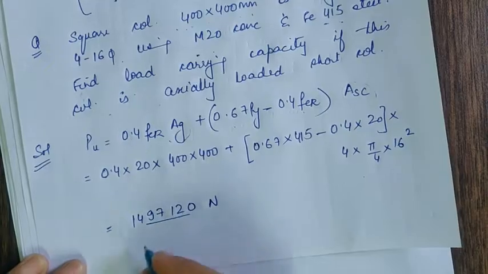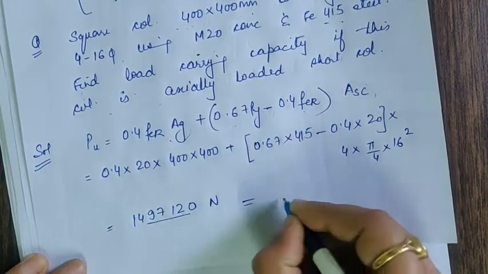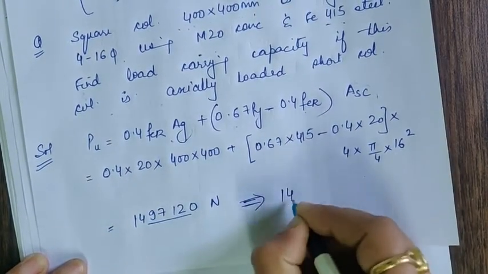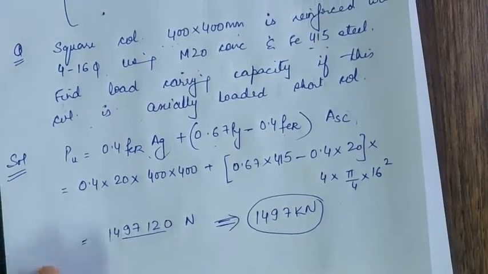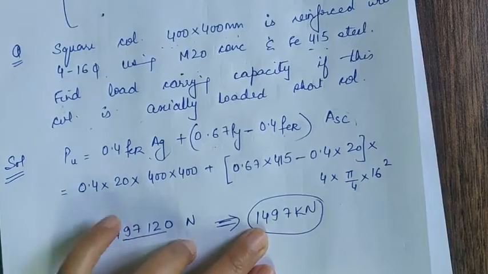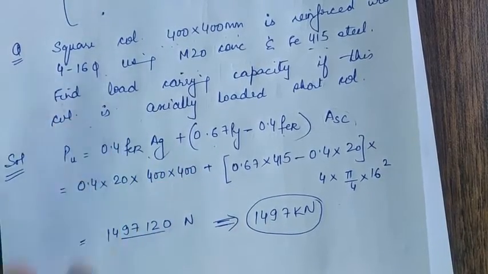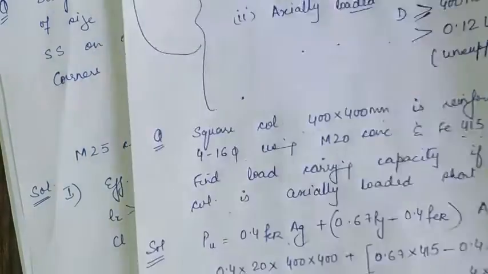Generally we don't write it in newtons, so the answer is 1497 kilonewtons. So the load that this particular column can take is nearly 1500 kilonewtons. So this is a simple analysis kind of question.